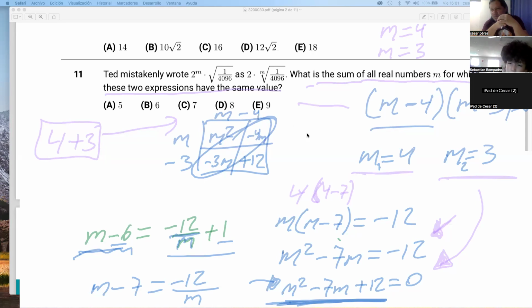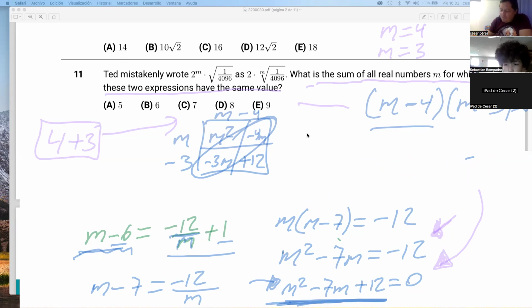How do you know that m could be 4 or 3? Because we need a number. When we factor like this, you already see that this equation is equal to this equation.